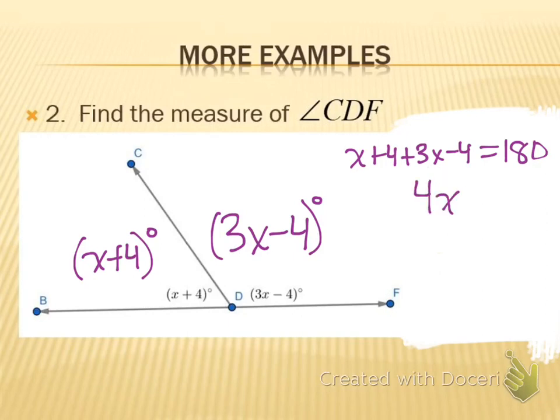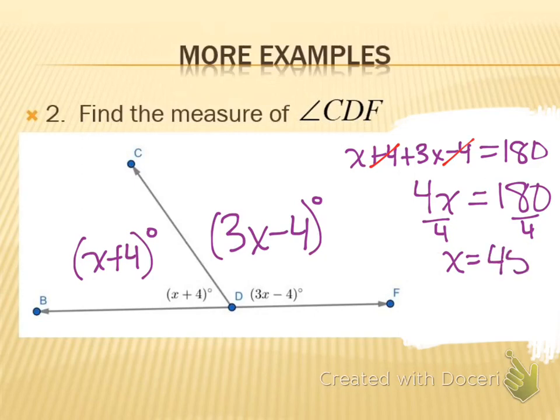The positive 4 and the negative 4 cancel to 0, so they're just gone. Equals 180. The only thing I have to do from there is divide. If I divide 180 by 4, I get x equals 45.